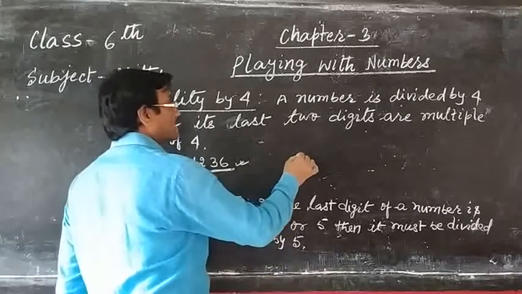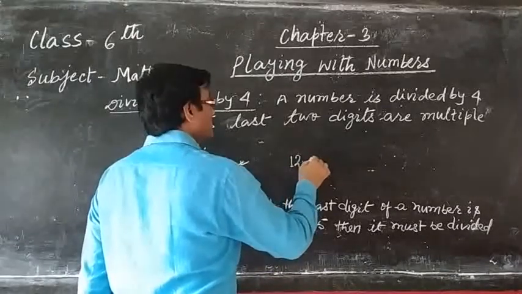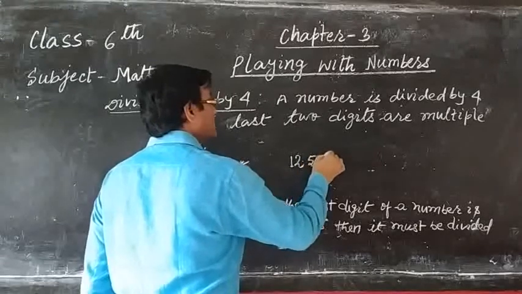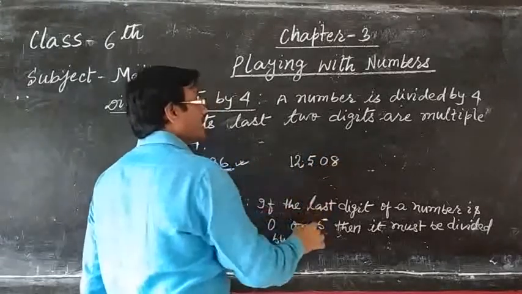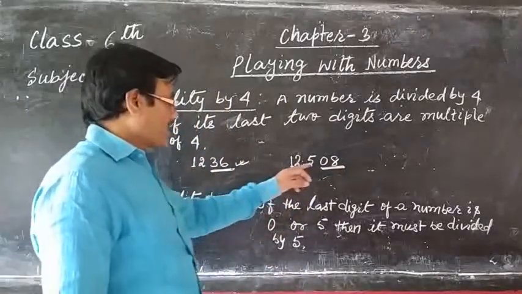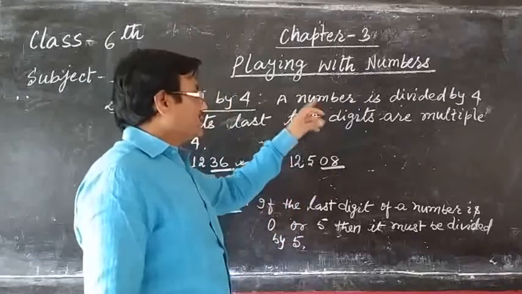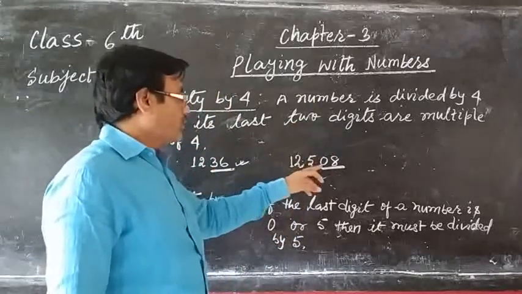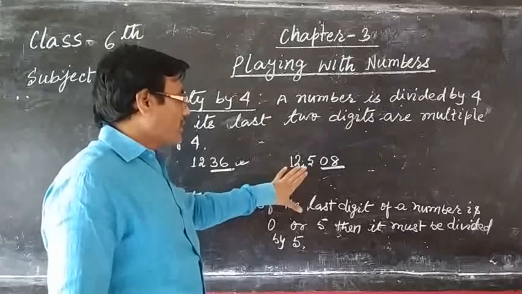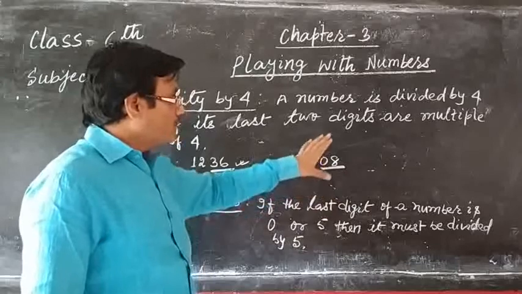Now we take another number, 12,508. Again we take the last two digits. अब हम क्या कर रहे हैं, last digits 0 and 8, it shows that this is divisible by 4, so your number 12,508 must be divisible by 4.